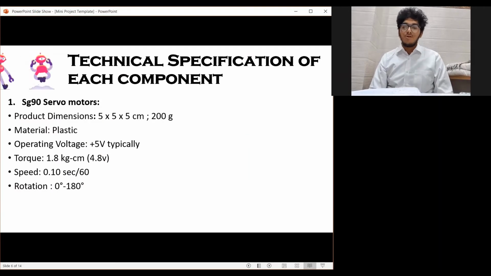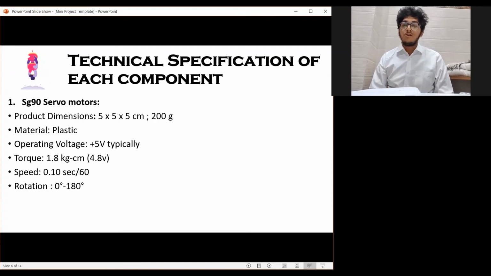Hey guys, so I'm Dhruv Oza, A027, from batch A1 mechanical, semester 8. I'll be explaining the technical specification of each component. So the first component we have is the SG90 servo motor.